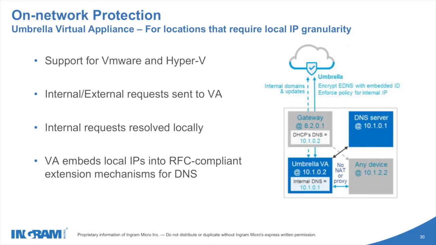Before the virtual appliance forwards requests for internet domains to Umbrella, it embeds the local IPs into RFC compliant extension mechanisms for DNS with the details of the internal network IP address. As shown here, there cannot be NATing placed between the users and the virtual appliance.